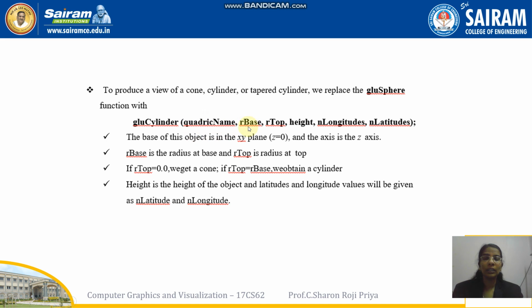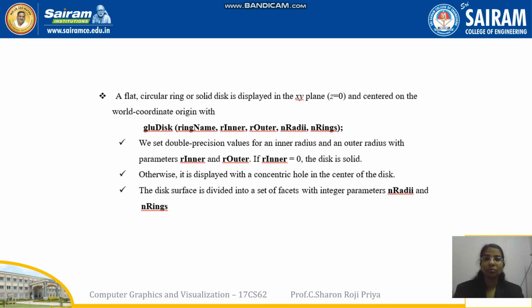Then for cylinder, I'll have a base and a top. For both base and top, I have to specify the radius, then height, and the number of latitude and longitudinal lines for approximating my cylinder.